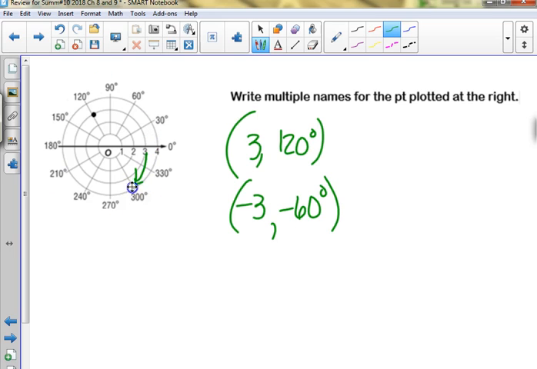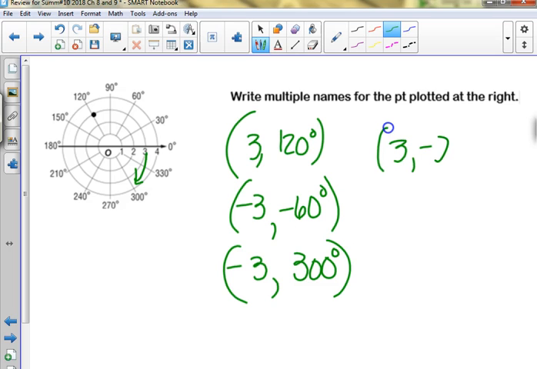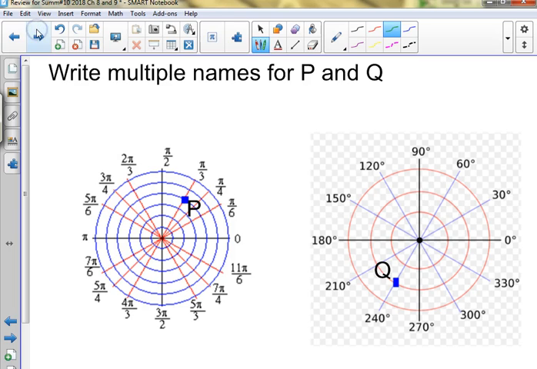Instead, you went positive 300, negative 3, and negative 240 and positive 3. Okay. No questions on that stuff, especially since it's multiple choice. I'm not going to do more practice then. Are we good?